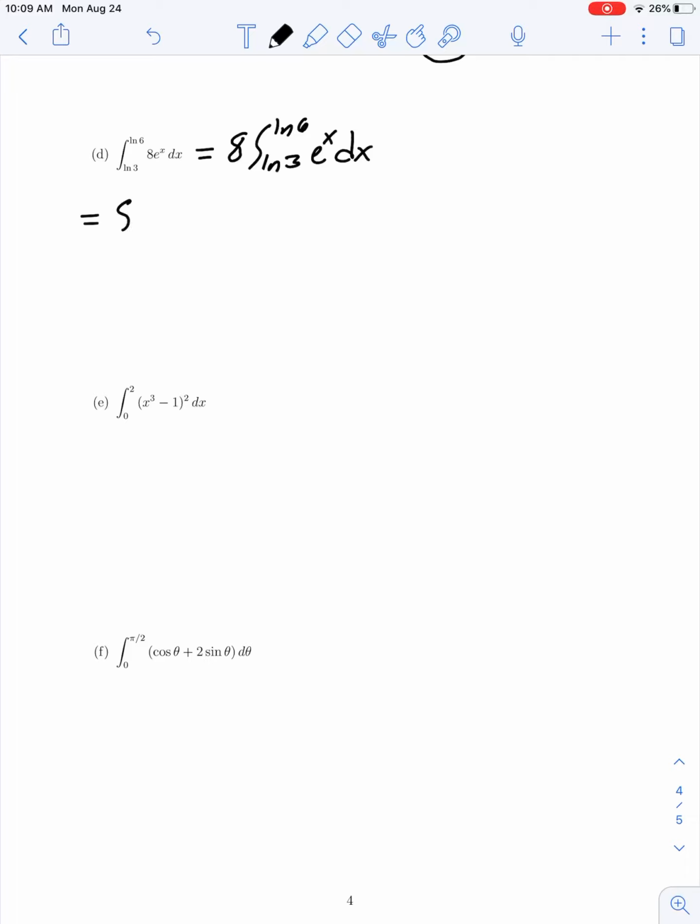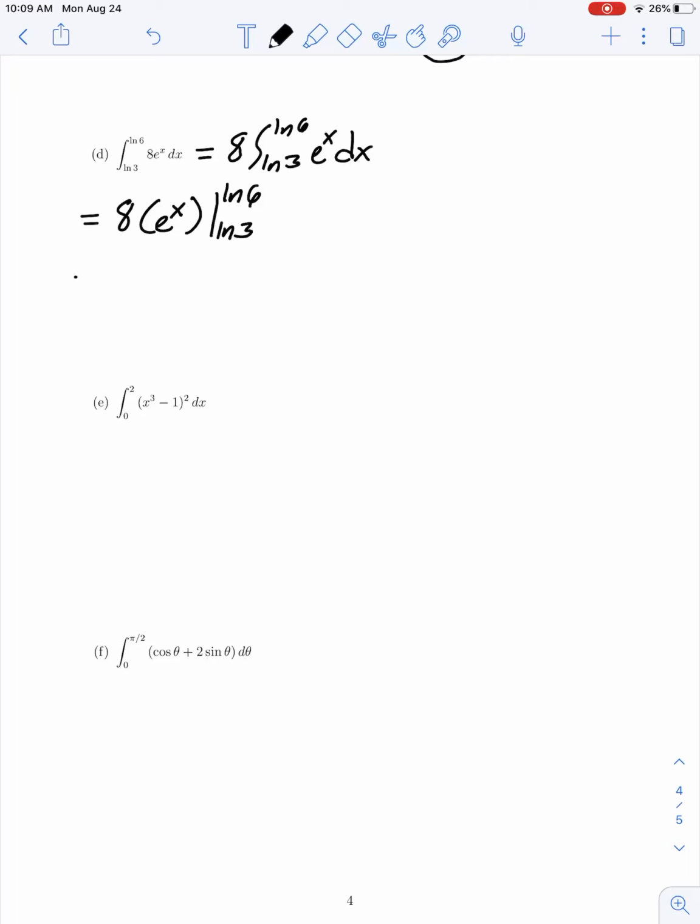So we have a constant 8 times, well, the antiderivative of our function e to the x is e to the x, and we're evaluating this from log 3 to log 6. Again, here I did not need the constant of integration since this is a definite integral.